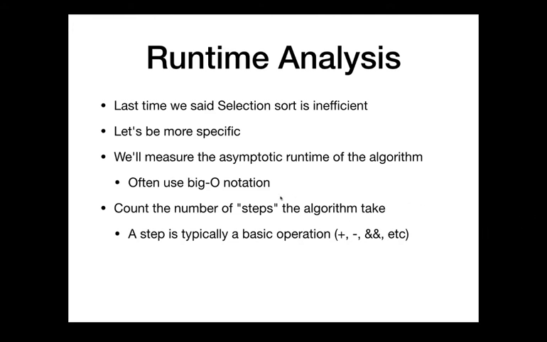So we want to do better, and we want to figure out the complexity by counting the number of steps. And steps are a little bit arbitrary, but we're going to use any basic operations like addition, subtraction, multiplication, division, Boolean operators, etc.